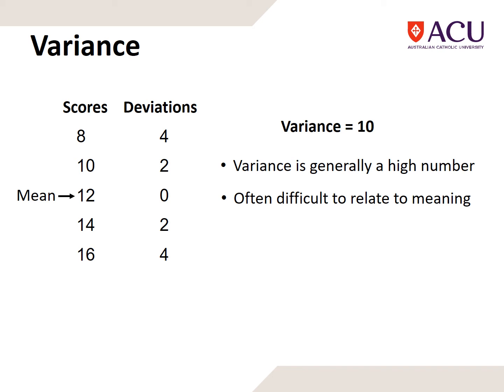spread of the data is the average or middle score of those deviations. And so, one of those scores is right on the mean, but then of the others, there's 2 that are 2 and 2 that are 4. So we'd likely think something around the 3 mark is more representative of the average of the deviations, but that's nothing like what variance gives us.